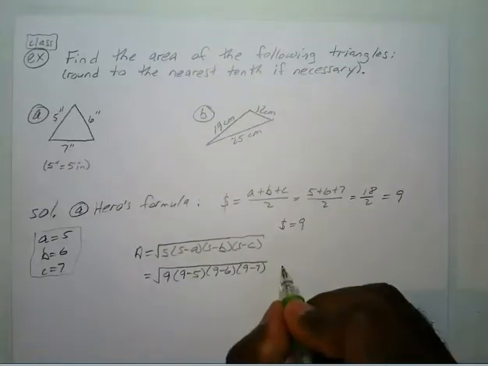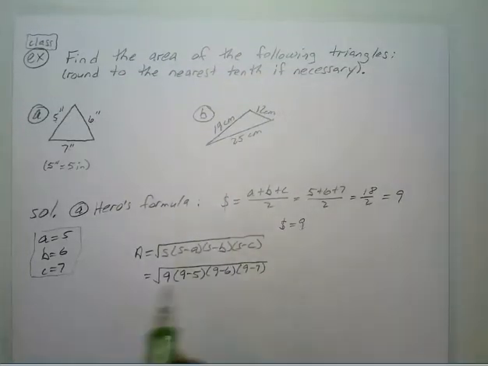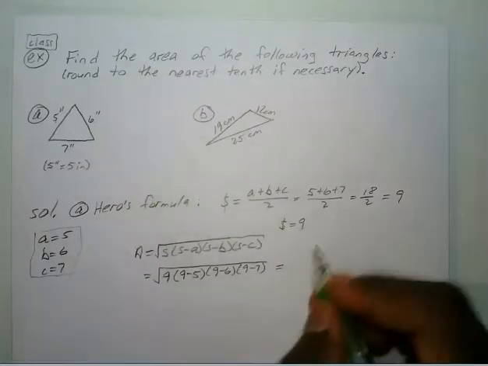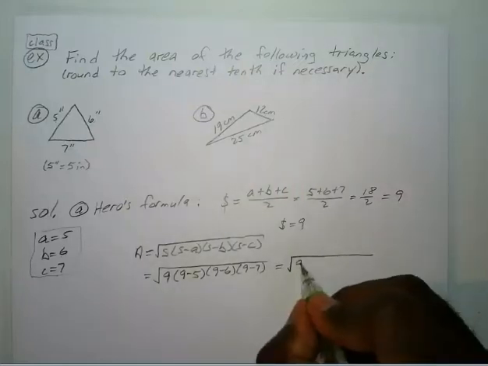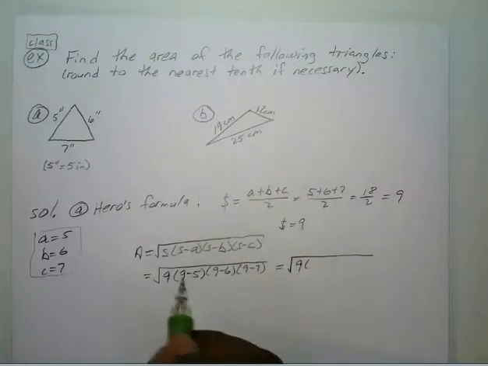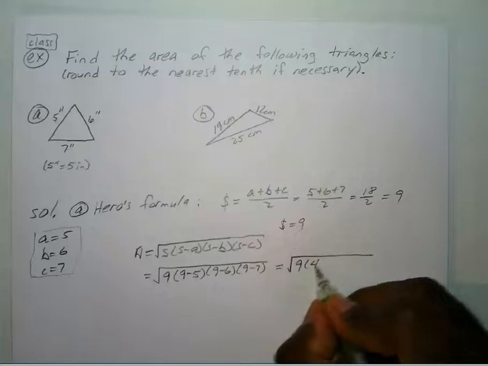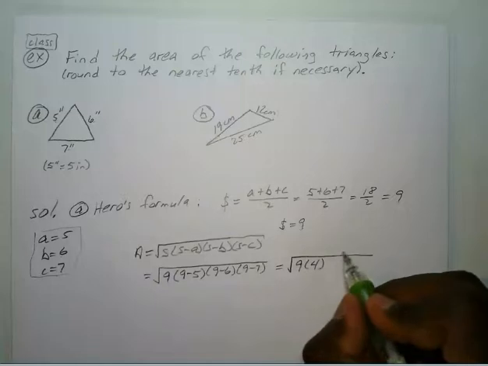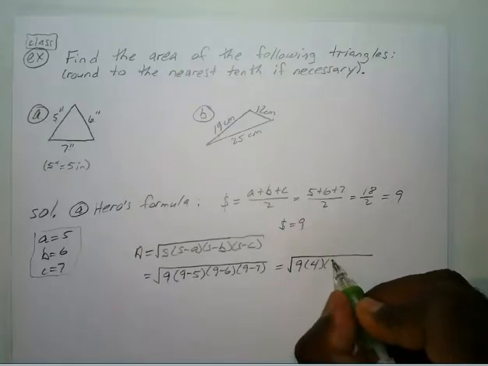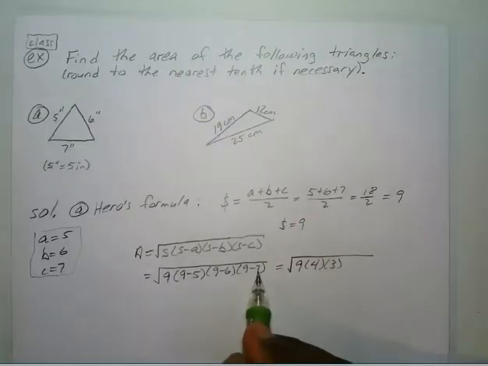Okay, so that's going to equal, I'm just going to take it to the right instead of below because I want to leave room for the second one. So that's going to equal the square root of 9 times 9 minus 5, which is 4, times 9 minus 6, which is 3, times 9 minus 7, which is 2.